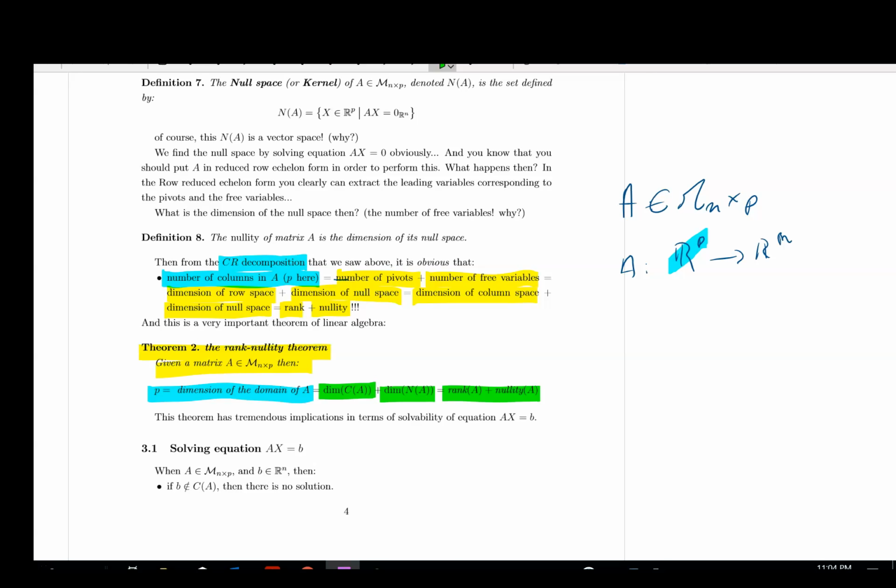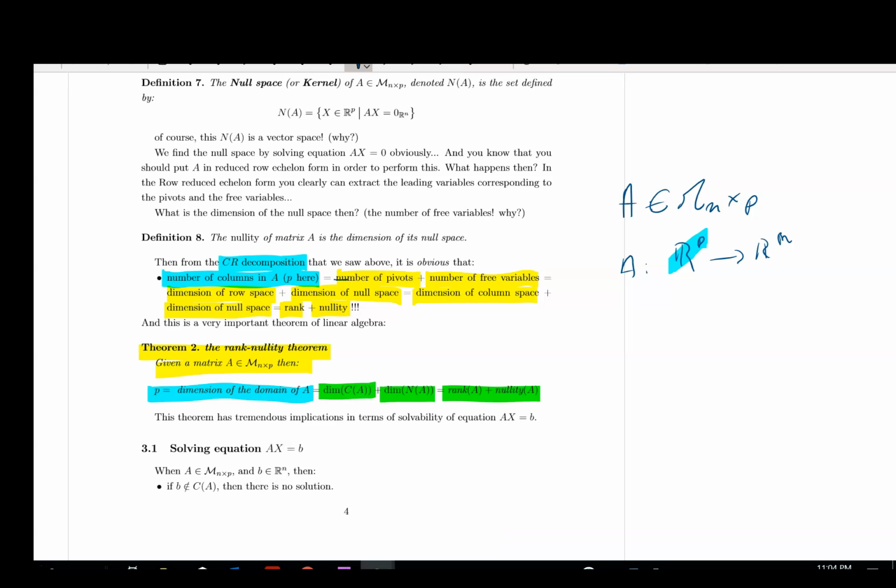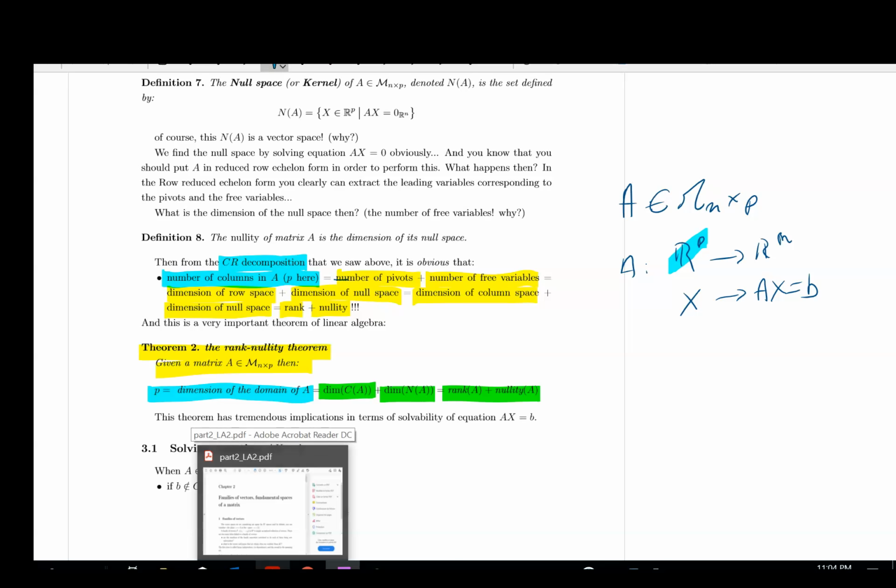First thing, when we consider this matrix as a map, it means that we can take x in Rp and it gives you Ax that belongs to Rn. So let's say Ax equal to b. This is often the kind of equation that we want to solve.